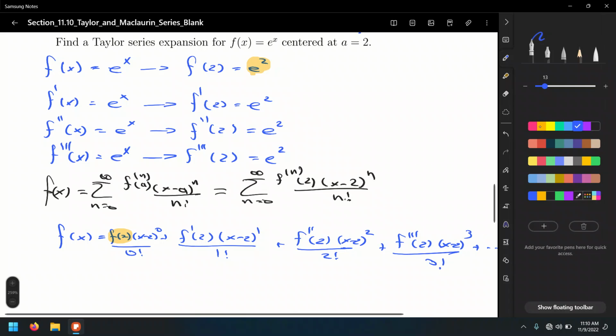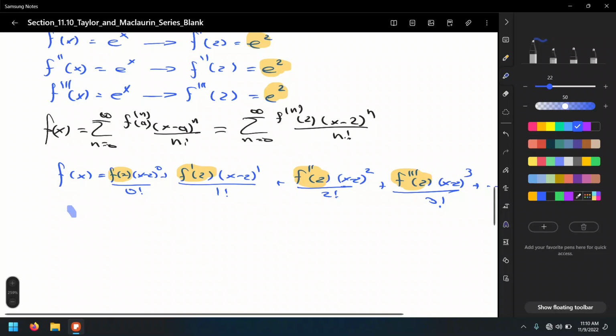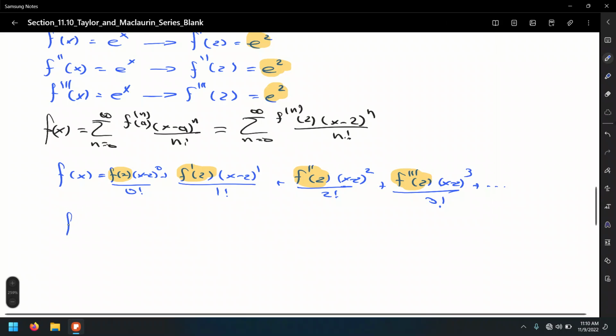And so let's keep highlighting the factors that I need. e squared is going to be this f prime. This f double prime is another e squared. This f triple prime, e squared. Nothing changes as of that. So f of x equals e squared.